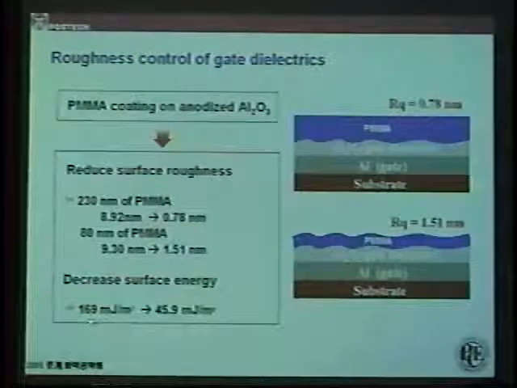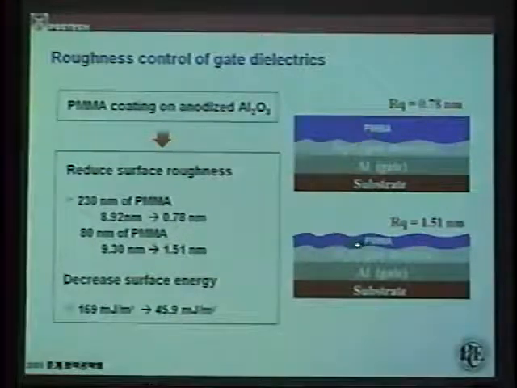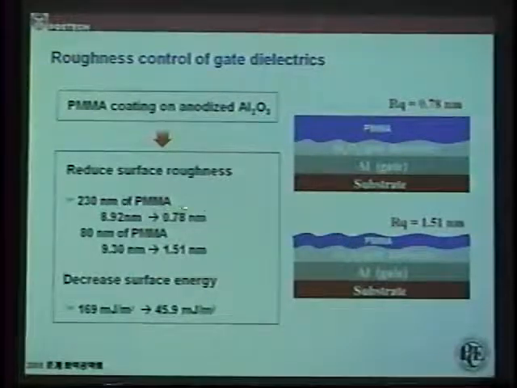The surface energy goes from 170 to 45, and also to control the roughness of the surface, we vary the thickness of PMMA. With a higher thickness of PMMA, we have a smaller roughness, and a thin layer has about 15 angstrom roughness.